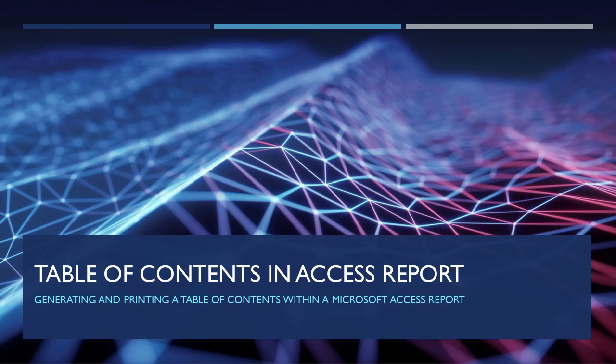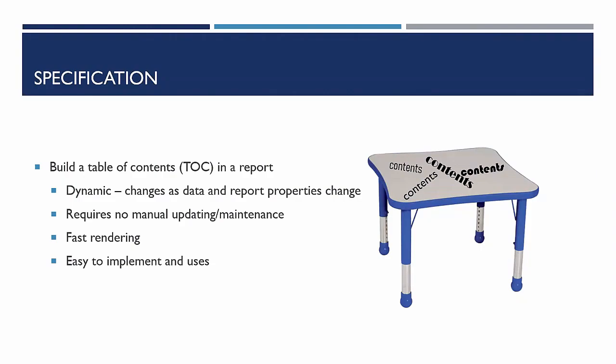The main topic is creating a table of contents in an Access report. The specification was to create a table of contents embedded within a report, typically somewhere at the beginning.